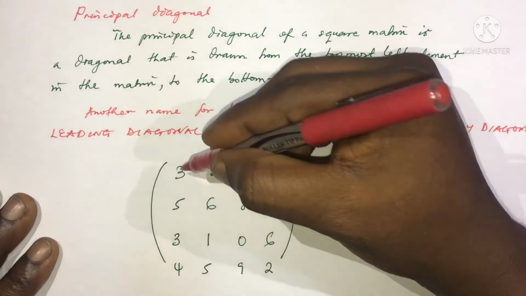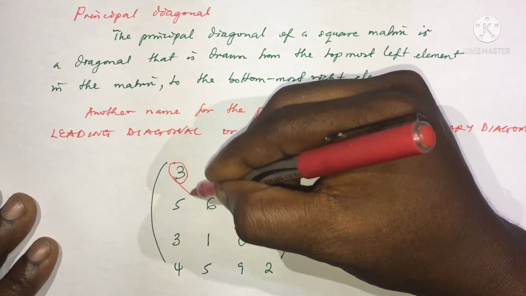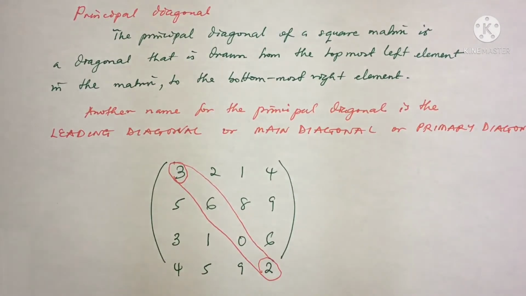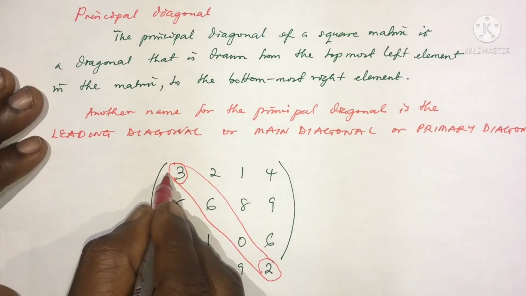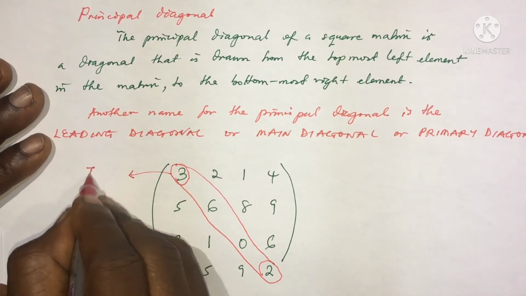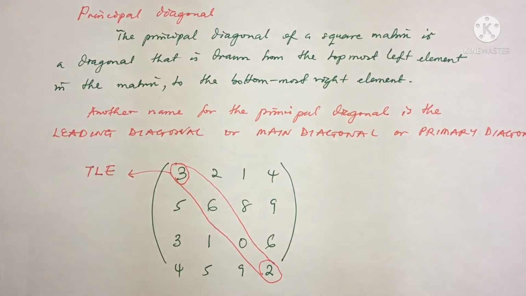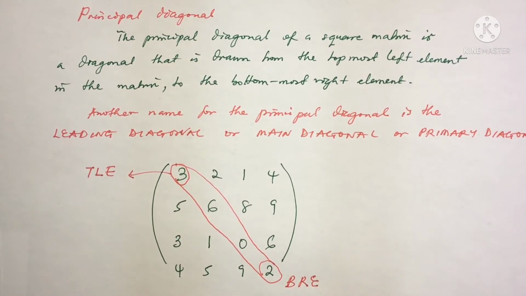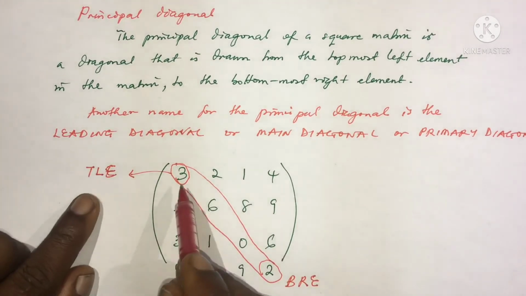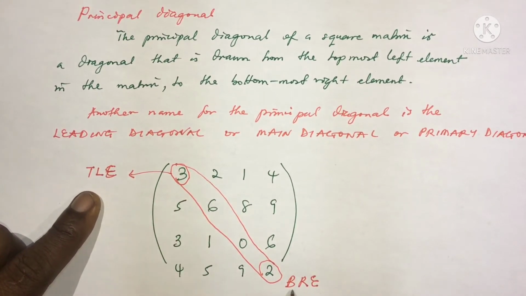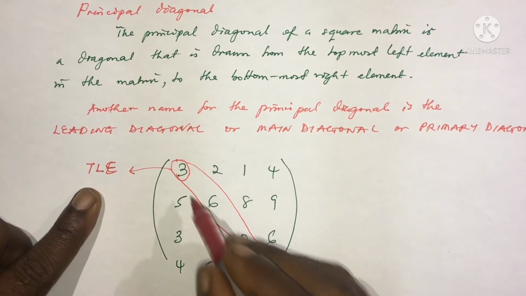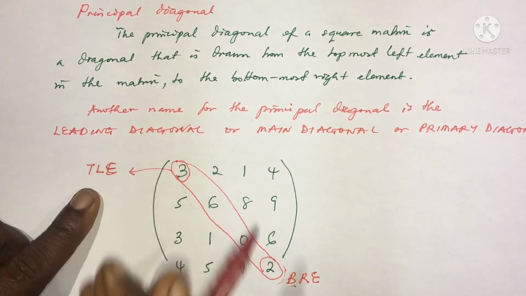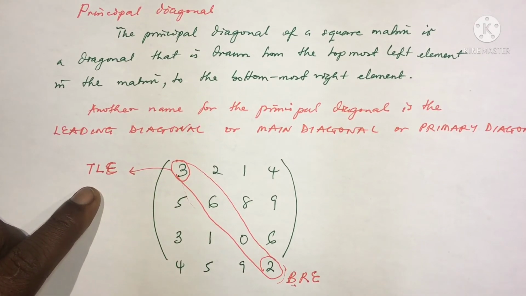This diagonal that moves from the topmost left element down to the bottommost right element of the square matrix is called the principal diagonal.